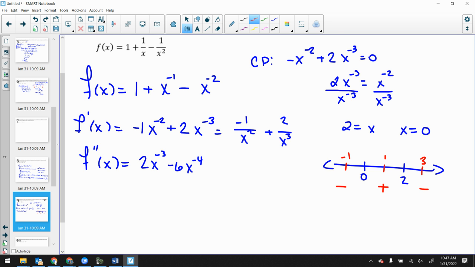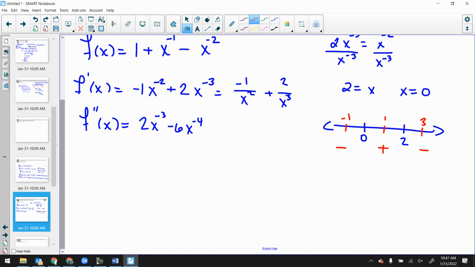Okay, now, when I go to graph this, I guess I should now look at my inflection points, right? Let's find the inflection points. 2x to the negative third minus 6x to the negative fourth equaling 0, right? Let's add that 6 over to the other side. 2x to the negative third is equal to 6x to the negative fourth.